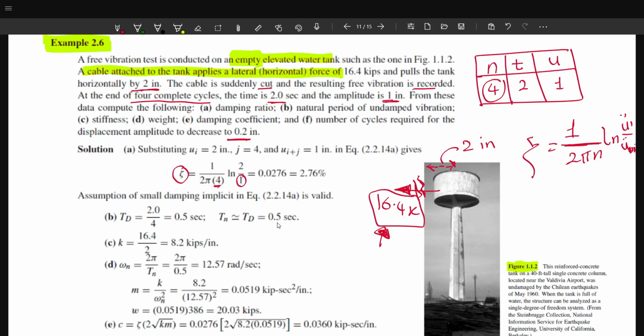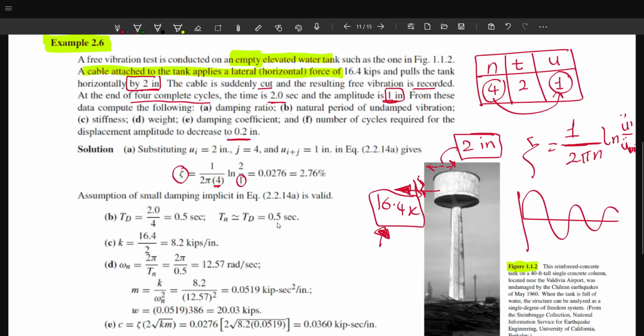They said to us that after 4 cycles, the amplitude was 1. However, when we pulled it with 16.4, the displacement was 2. So we have reduced from 2 here, and we reached 1 here after 4 cycles.